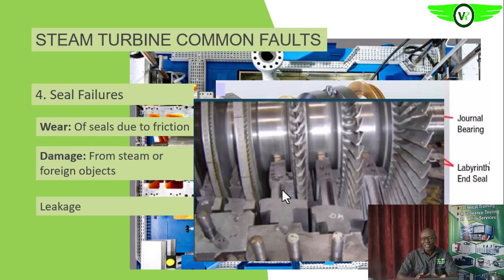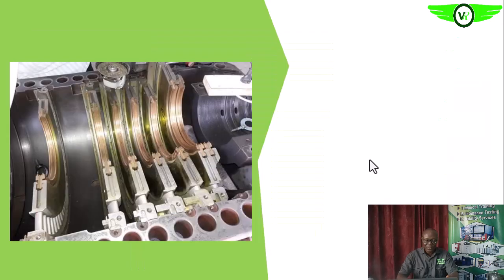So once we see the efficiency going down like that, during our normal routine maintenance, all the clearances around all of these areas, all the labyrinth seals, should be checked. Here we have some of such.